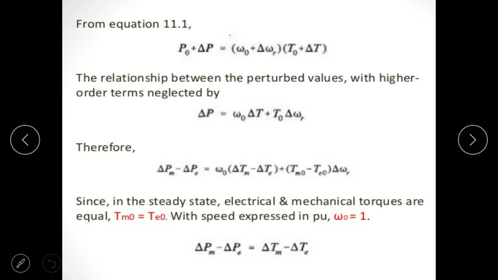So from the equation, P0 plus delta P equals (omega 0 plus delta omega R) times (T0 plus delta T).